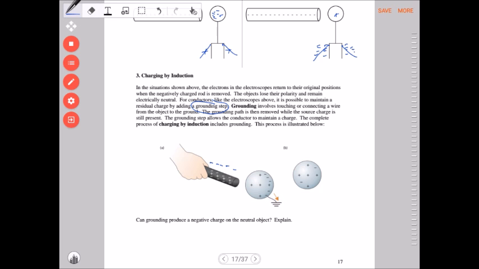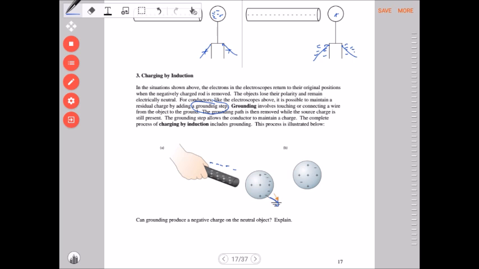This allows a path for the electrons to leave. Remember, they want to get as far away from each other, and especially from that negative ebonite rod, so getting off the ball and going to the ground lets them get further away.